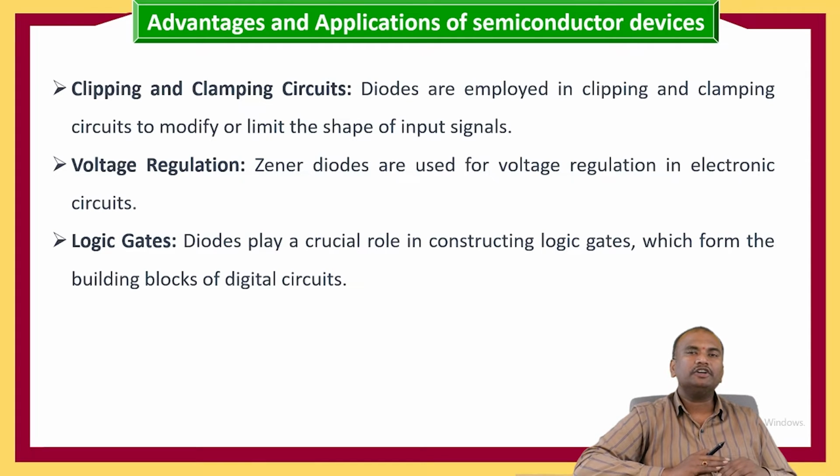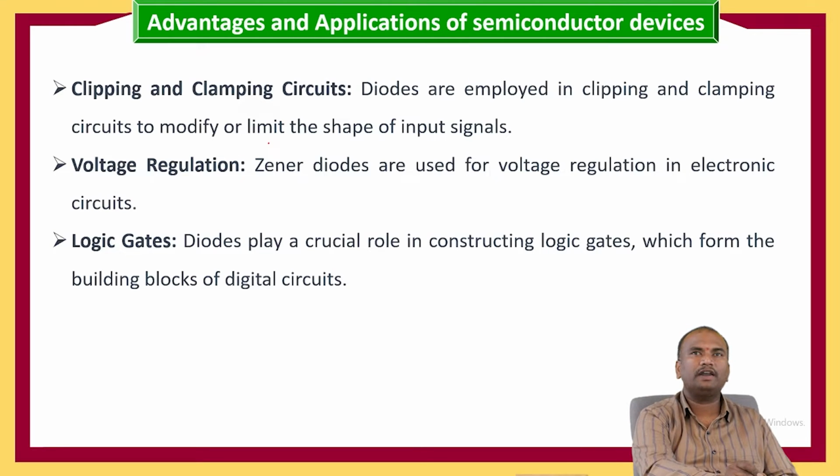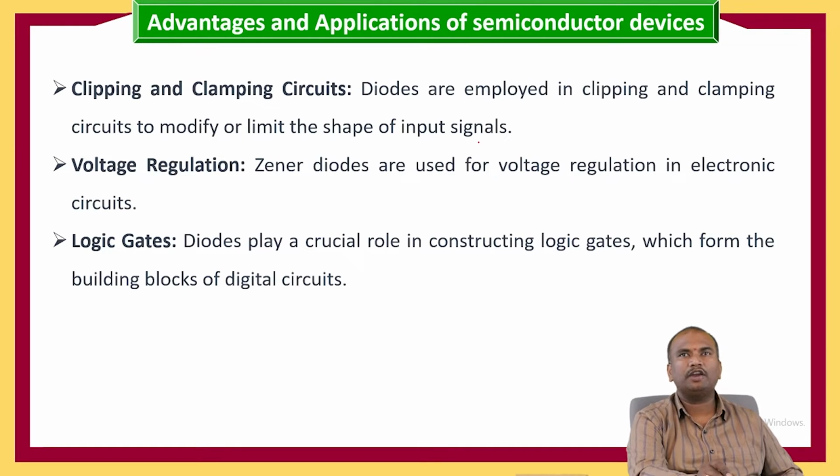Clamping is nothing but shifting the waveform from one position to another, that is above 0 or below 0. That is the clamping of the circuit. In clipping and clamping, we use the diodes in order to modify or limit the shape of input signals. And voltage regulation.